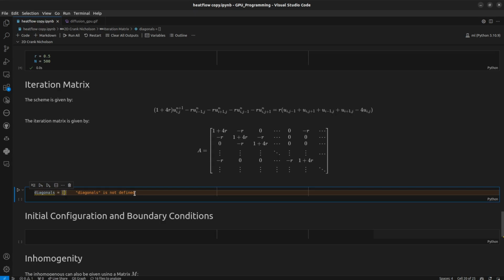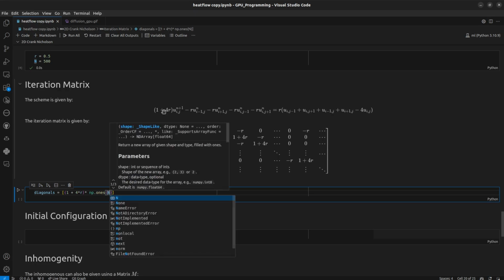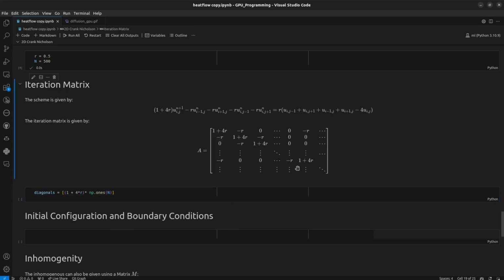We start with the easiest one, that's just the main diagonal. If you have a look at this equation here, that's just going to be 1 plus 4 times r times ones, and now we have to think about how many ones we have.